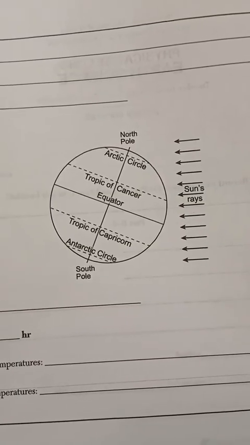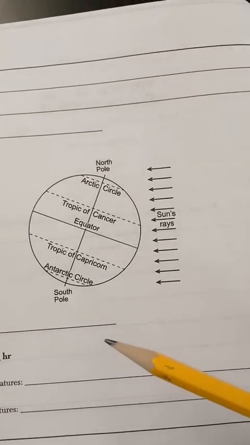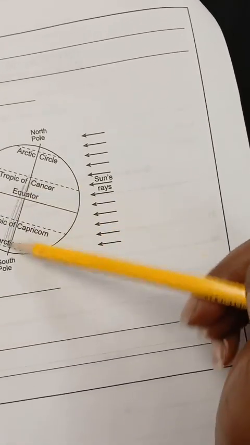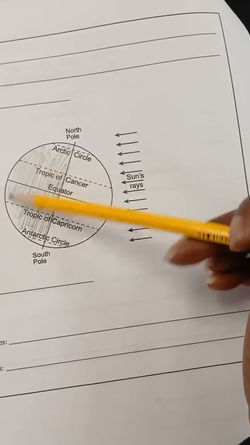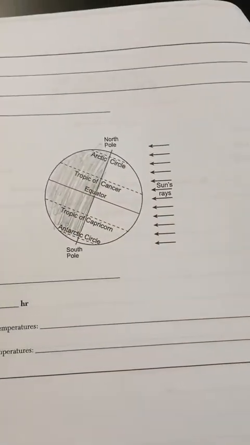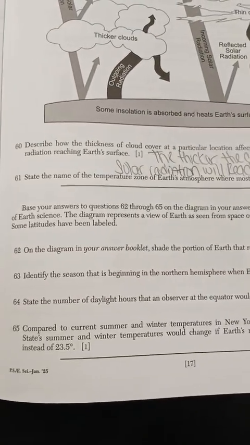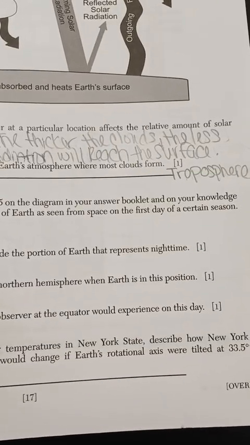If the sun's rays are facing the right side, and there are no sun's rays on the opposite side, then I know that nighttime is most likely going to take place on this side of the Earth. All right, so simple.